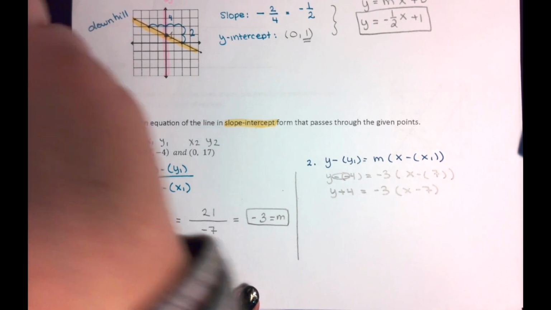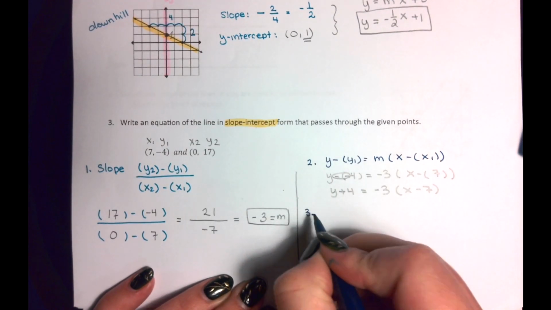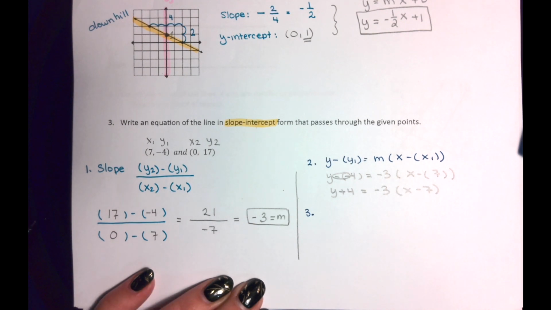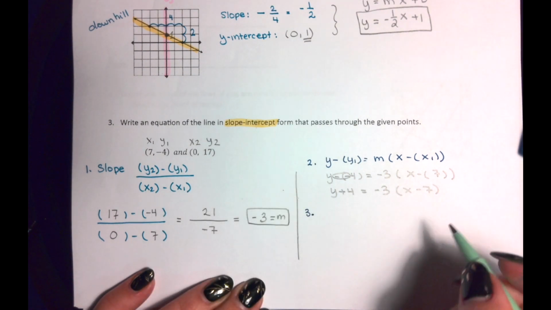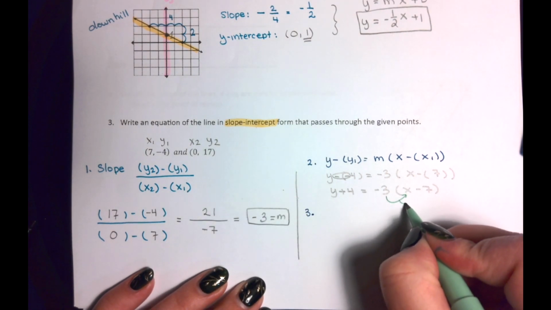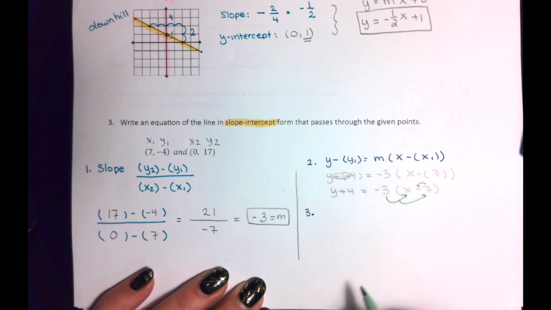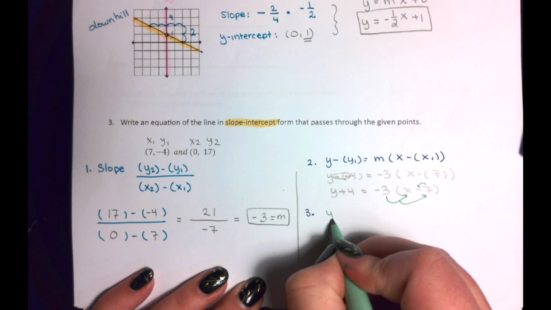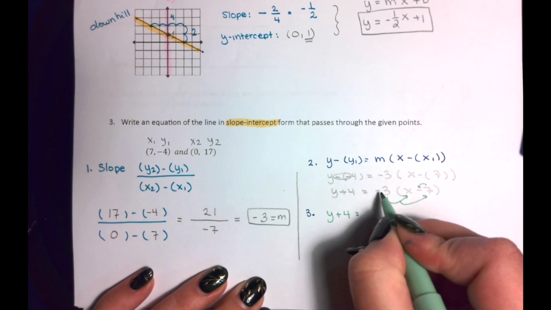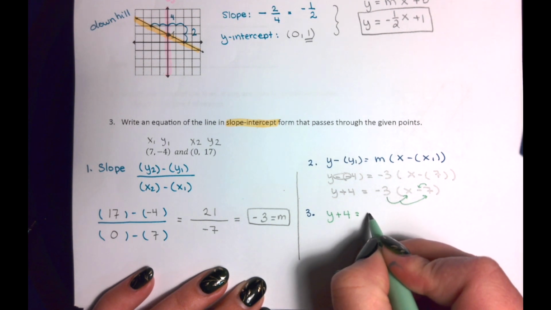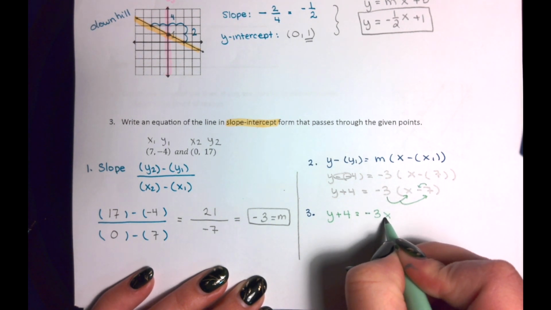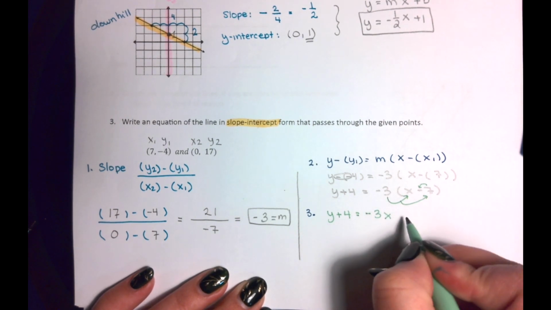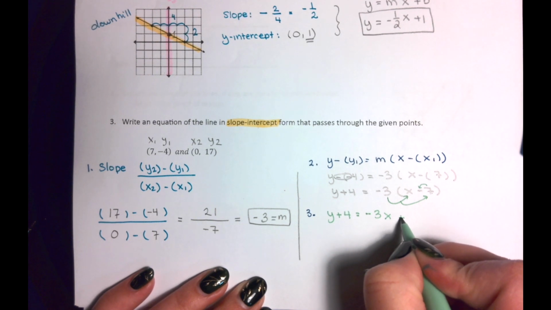Step number 3 is what we want for our correct format, slope intercept. Take that -3, multiply inward, make sure you're multiplying by -7. Y plus 4 is equal to -3 times x, which is -3x. -3 times a -7 is a positive 21.